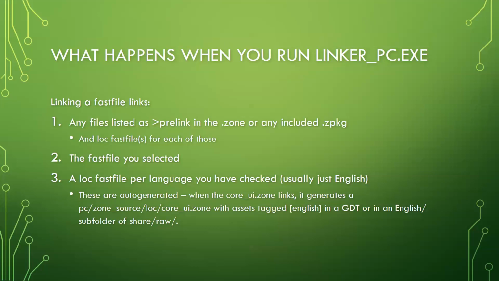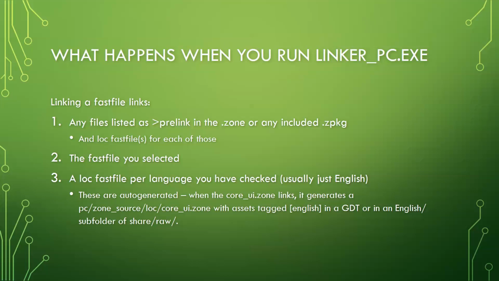The third thing it does is loads. So I'll ignore that add load fast files for each of those for now. I'll get back to it. Second thing it does after all the prelinks is it links the fast file that you said you wanted. So it might try to link core all.zone, but that just exists to organize all our fast files. So there's nothing in that one except a bunch of prelink lines.